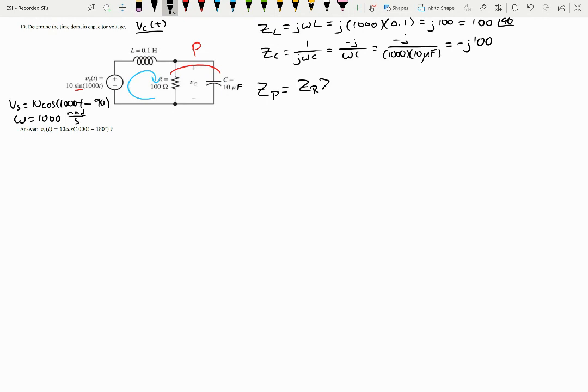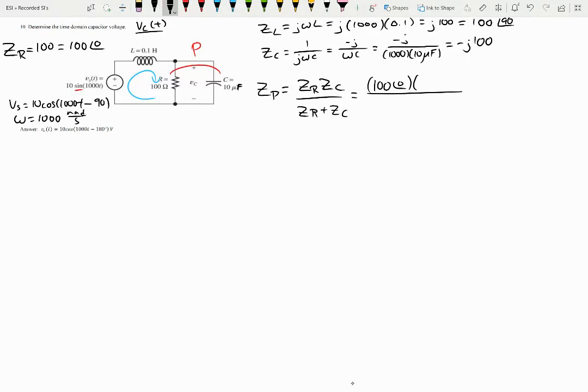So Z parallel is going to equal Z R times Z C over Z R plus Z C. We're multiplying in the top. Apologies, Z of R is equal to 100, or 100 at angle 0.